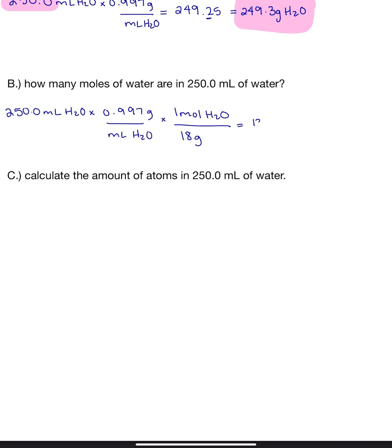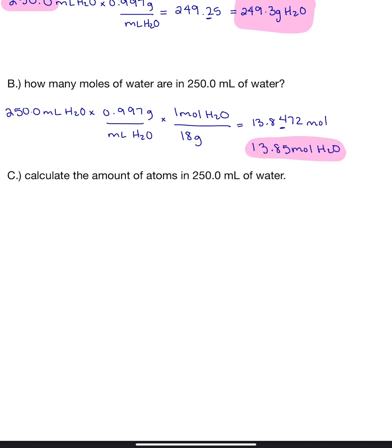That's going to give us 13.8472. We are going to need to round to sig figs. We have 4 sig figs, so the answer is going to be 13.85 moles of H2O.